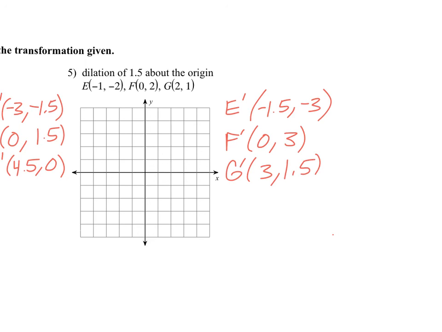So I put those points, 1, 2, 3. So there's E apostrophe, 2, 3, there's F apostrophe, G, 1, 2, 3, 1.5, G apostrophe, and then connect those. There's your dilation.